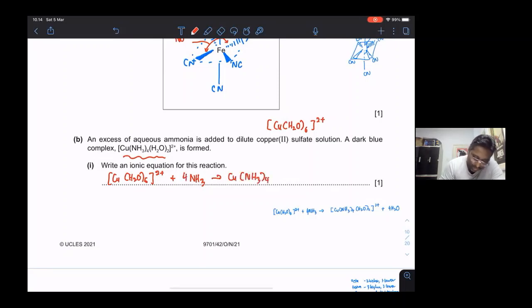You require 4 molecules of NH3, and there are still 2 molecules of H2O left over. Previously you had 6 molecules, so you are releasing another 4 molecules of water, which you show over here. So this is the ionic equation for this reaction.